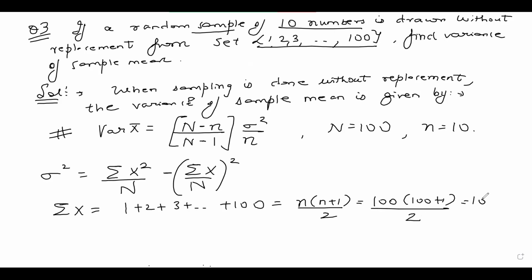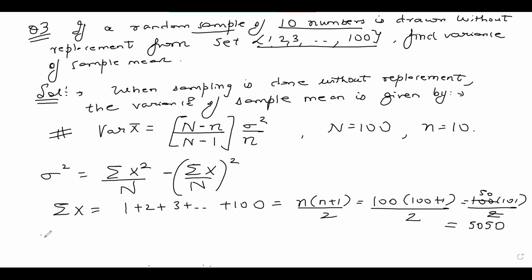So we get 100 into 101 by 2. 2 cancels with 100, making it 50. 101 into 50 is how much? We can quickly verify this, that 101 times 50 is 5050. This is summation x.